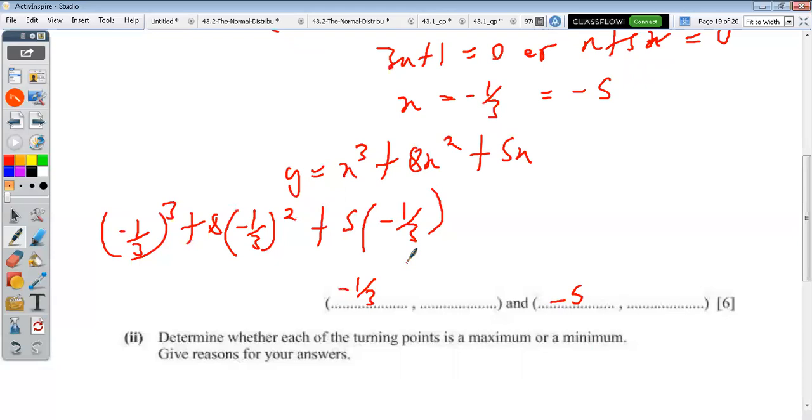Here's a fraction. What do you get? Every calculator should be able to do that. Negative 0.81.